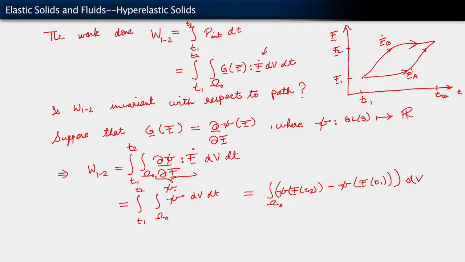So what we have here is now a state function of F. F may be a function of time, that's all right, but as long as you know what F is at a particular time, that gives us psi, all right? And the difference between the psi's at different times or at different F's gives us the work done between those two states, independent of path.